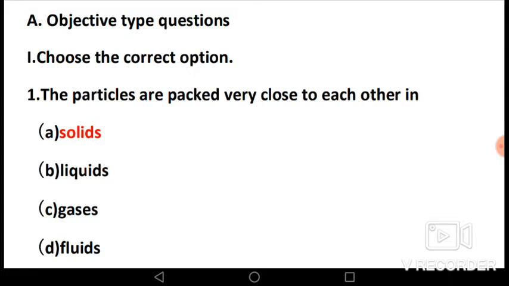The answer is solids because solids are substances in which the particles are packed very close to each other. In solid, particles are tightly or closely packed. The gaps between the particles are tiny and hence it is tough to compress them.